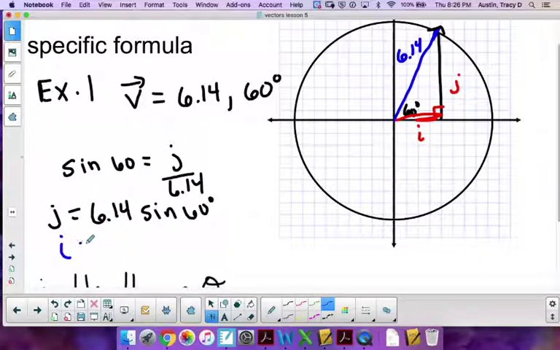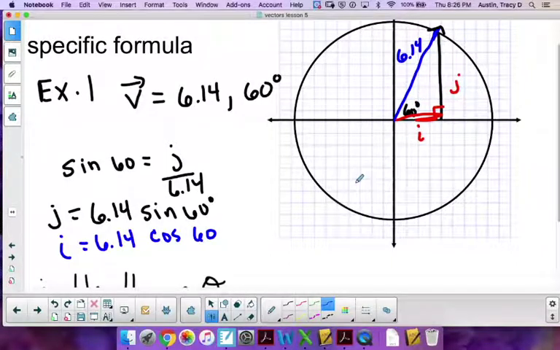So i is going to equal 6.14 times the cosine of 60. And really, again, that's all we're doing. If you want to go ahead and draw the triangle with the circle on your graph to get a visual, do it. Because really all you're doing is solving for a specific side of a right triangle, given a hypotenuse and given one angle.